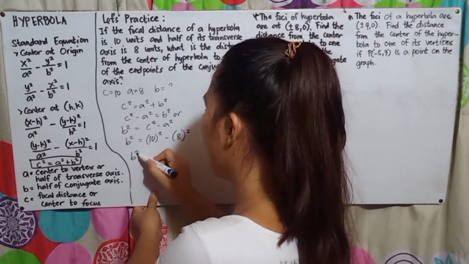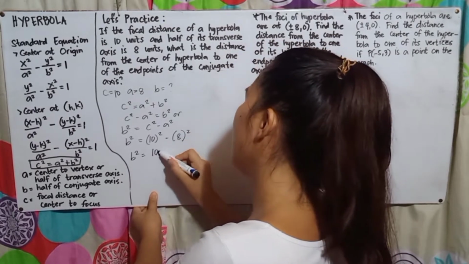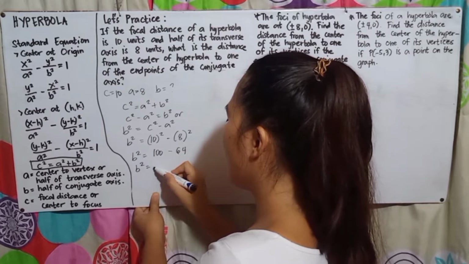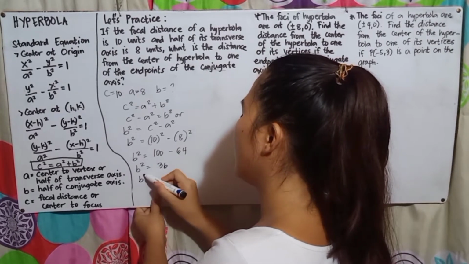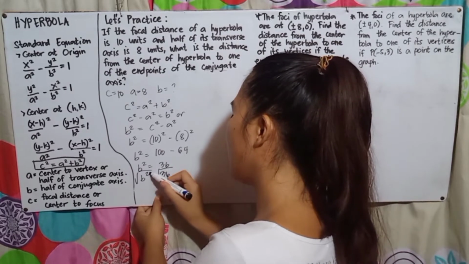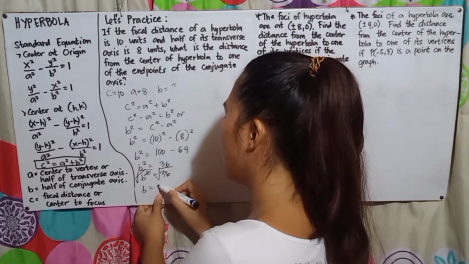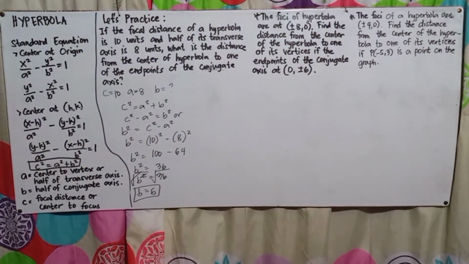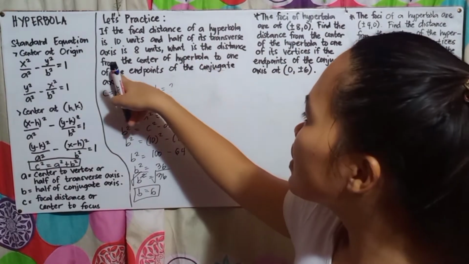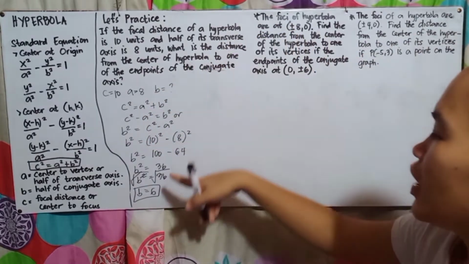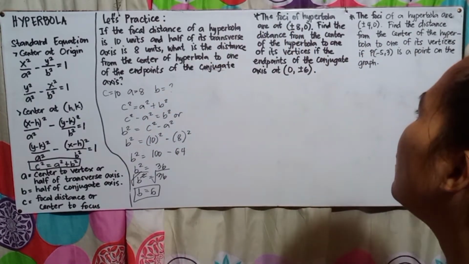So, B squared equals 10 times 10 is 100, minus 8 times 8 is 64. So, B squared equals 36. Square root, cancel. B is 6. Therefore, the distance from the center of the hyperbola to the endpoints of the conjugate axis is 6 units.